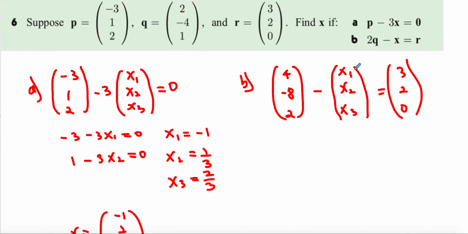Then 4 minus what equals 3? Oh, that has to be equal to 1. -8 minus what equals -2? Oh, it becomes actually -10. 2 minus what equals 0? So it's going to be 2. So for part B, we can easily get x should be equal to this vector.